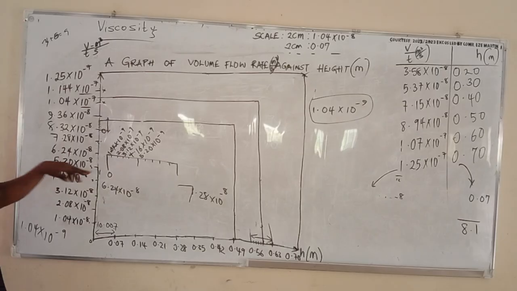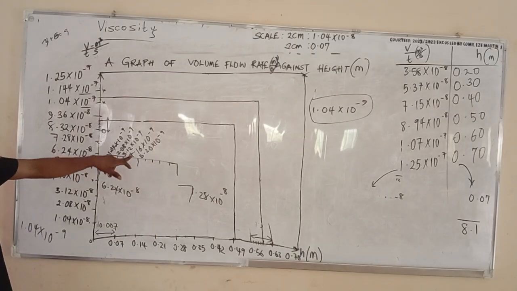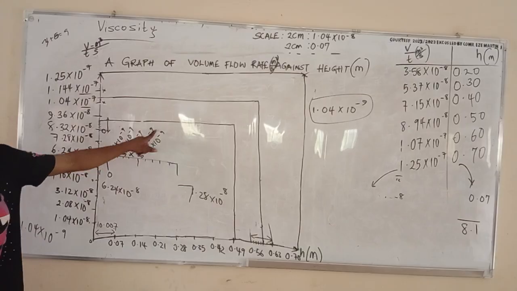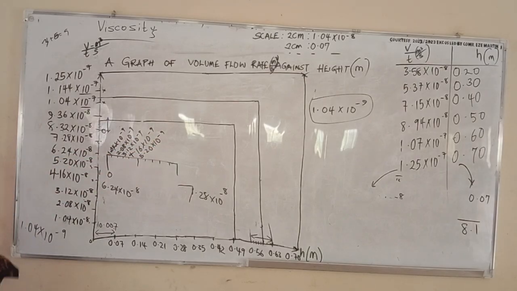So I see, at this point, 6 plus 4 gives me 10, shall we? Now do for me 6.24 plus 4.16. That is 6.24 times 10 raised to the power minus 8 plus 4.16 times 10 raised to the power minus 9. What do you have?